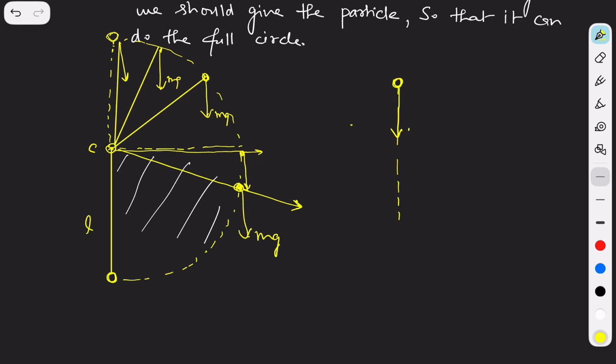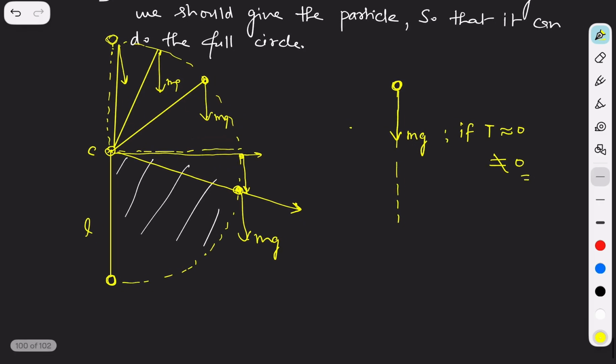Now, if tension is almost equal to zero, not completely zero, I would say a little bit of tension is there, just for the critical condition so that the string does not slack. If at this moment your velocity becomes zero, what will happen?